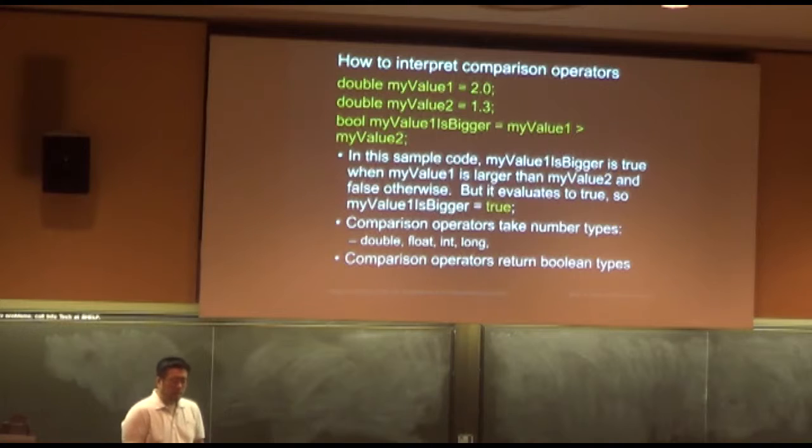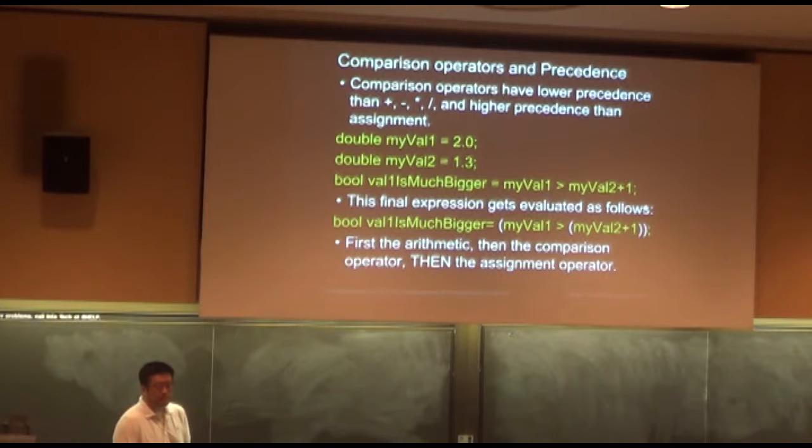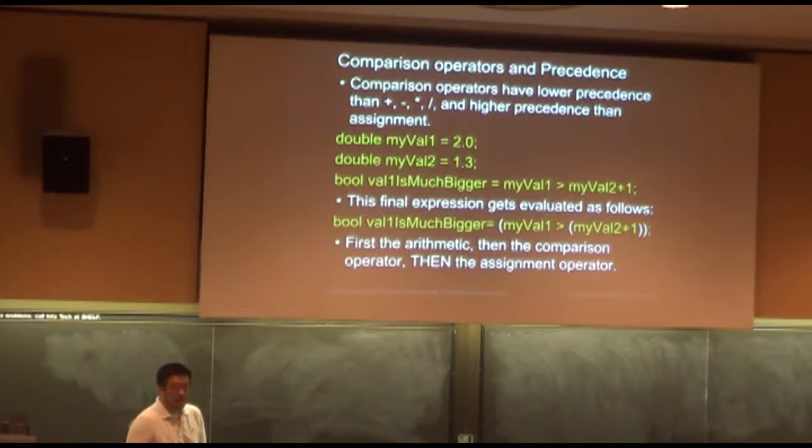So every time we learn a new operator, we need to learn about its precedence and associativity. The comparison operators have lower precedence than the arithmetic operators, but higher precedence than assignment. Remember, when we were learning these different operators, we learned that assignment had basically the lowest precedence of everything we had learned so far, and that multiplication and division had higher precedence than addition and subtraction.